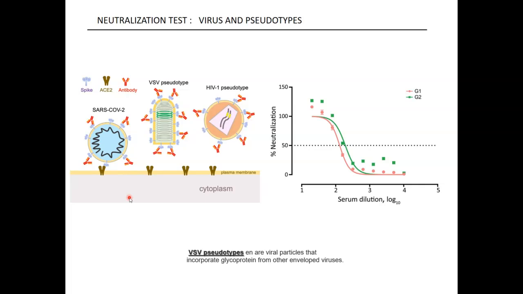So in many labs we used other techniques which were based on virus pseudotypes. In this case, we used VSV pseudotypes, using a different virus, which is the VSV virus, and placing the glycoprotein from SARS-CoV-2 on the surface of this virus.